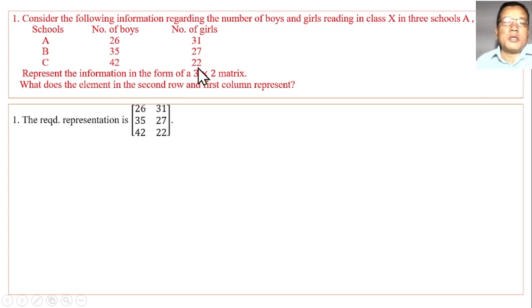As a table, we can represent it. What does the element in the second row and the first column represent?